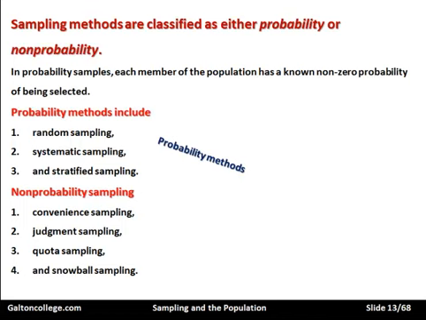So judgment sampling is very suspect. It means the researcher is using his or her judgment as to who should be included and how the sampling should be conducted.